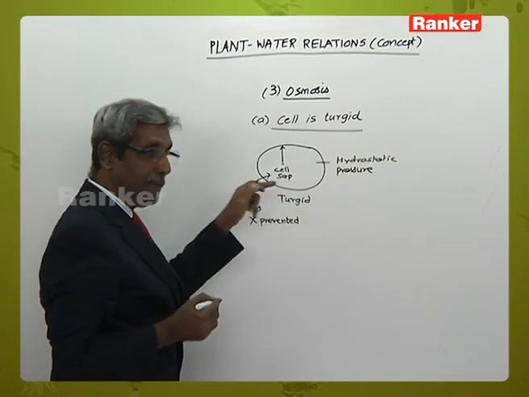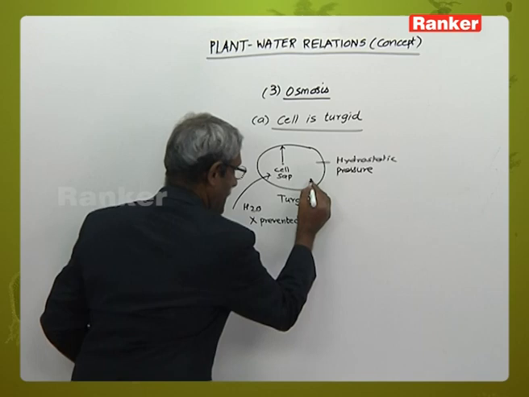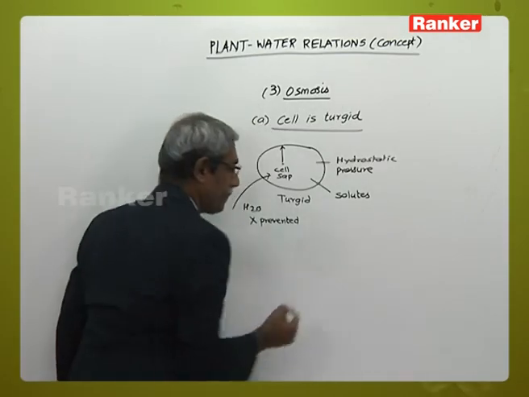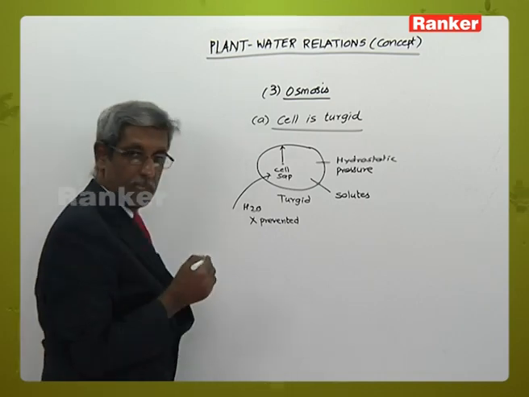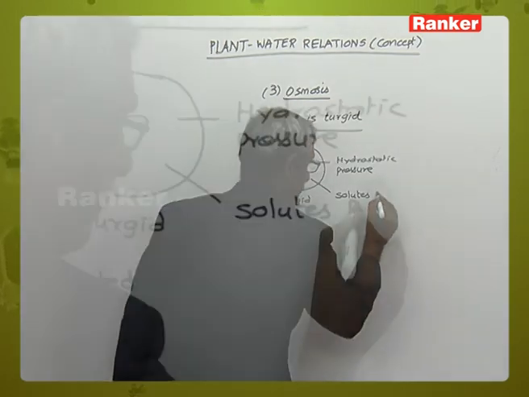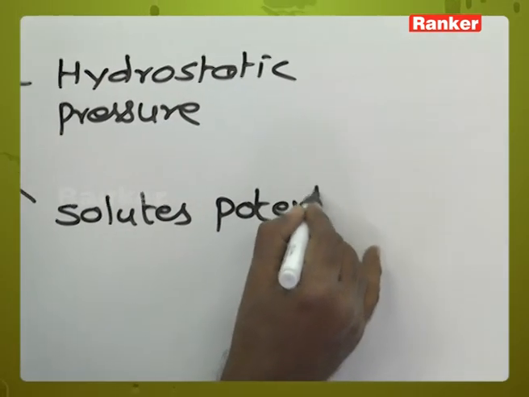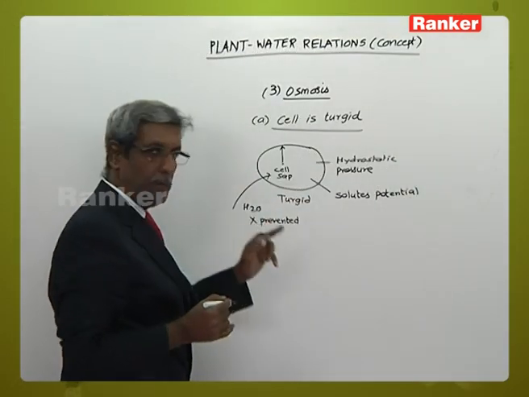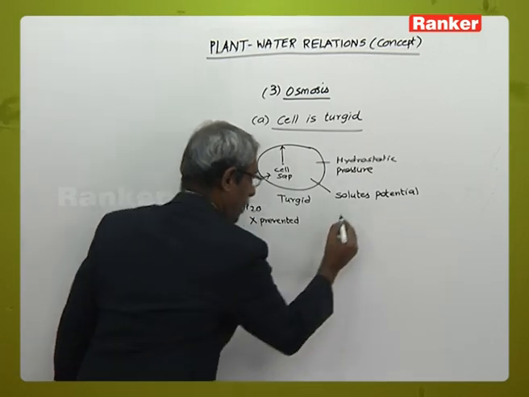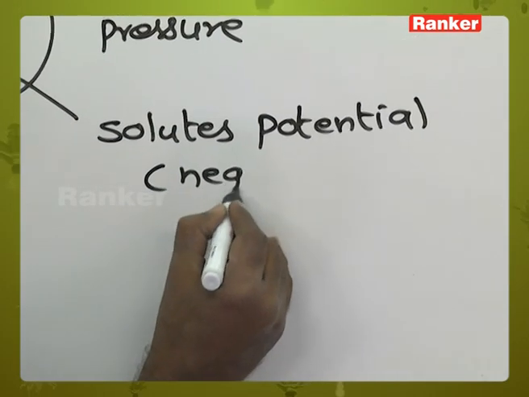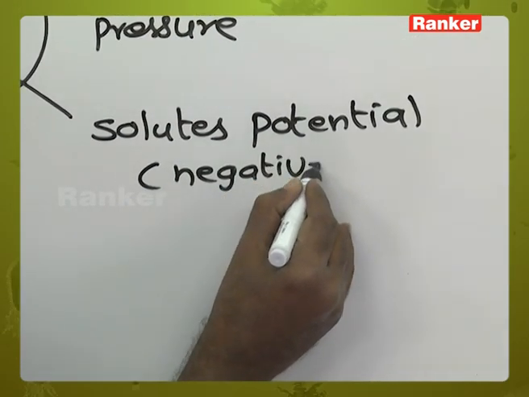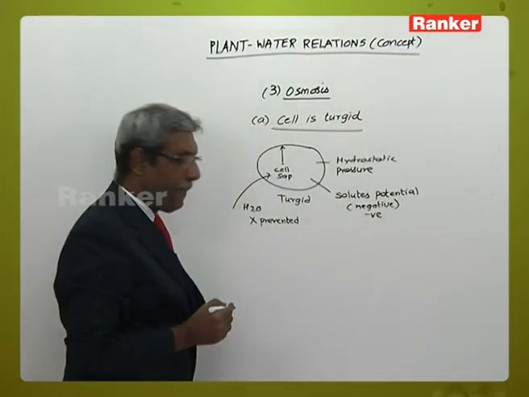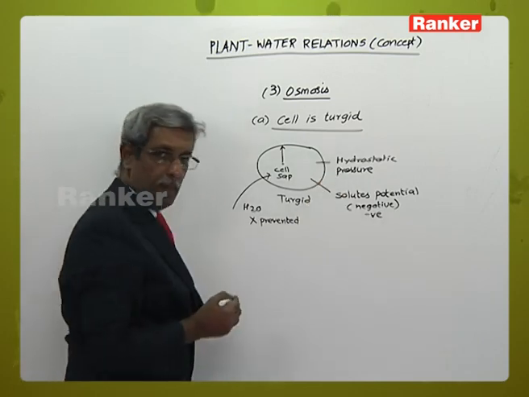Now, when it's turgid, the cell sap has got solutes. The solutes have a potential, that is, they have their own energy, and the solute potential is always negative, given by a negative symbol. Parallelly, we also have the pressure.